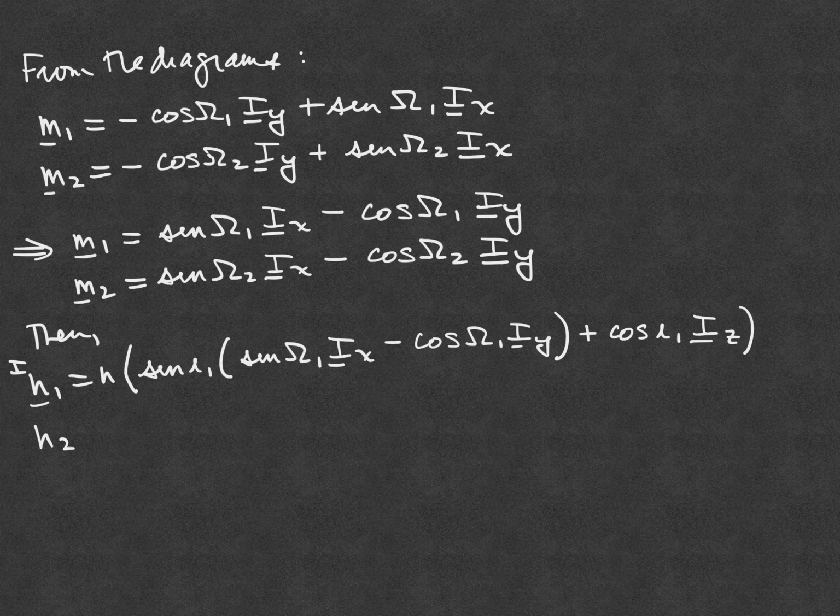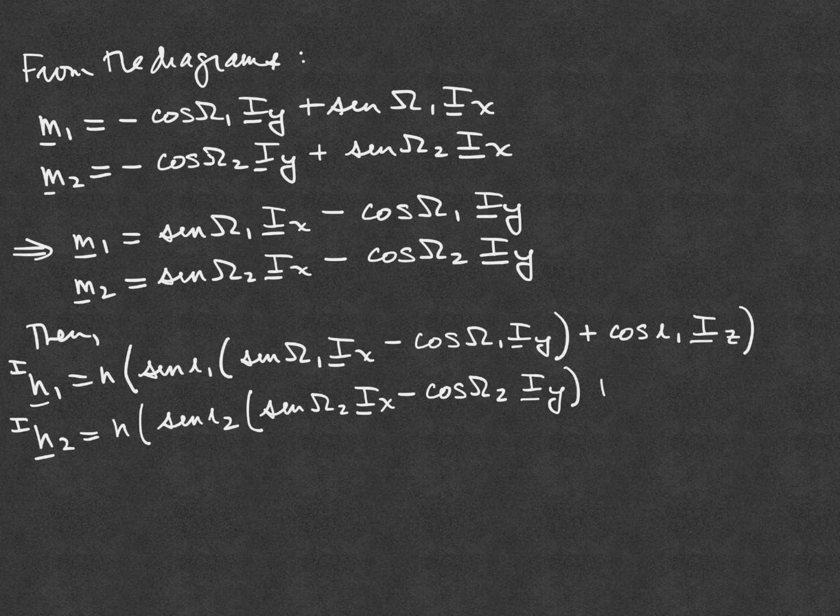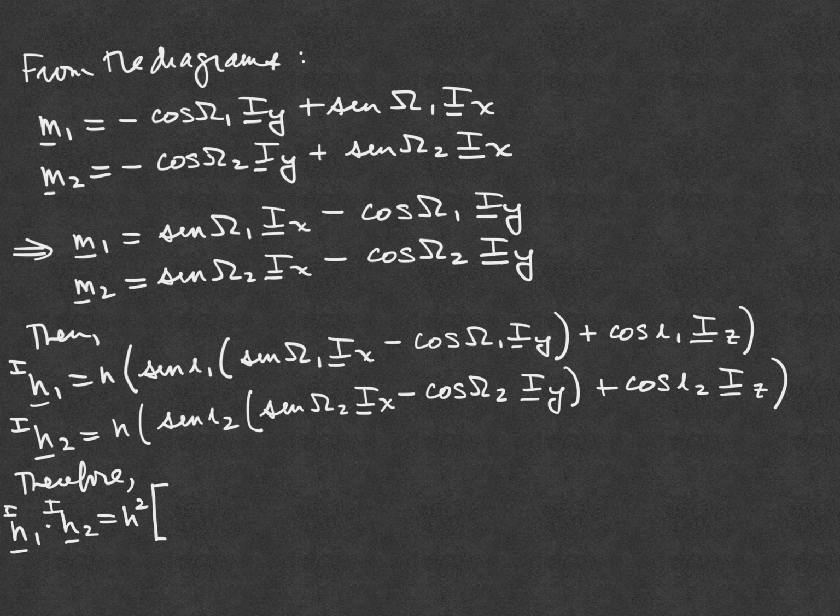And similarly, h2I is equal to h times sine of I2 times sine of omega 2 IX minus cosine of omega 2 times IY plus cosine of I2 times IZ. So therefore, h1I dotted with h2I is equal to h squared times.